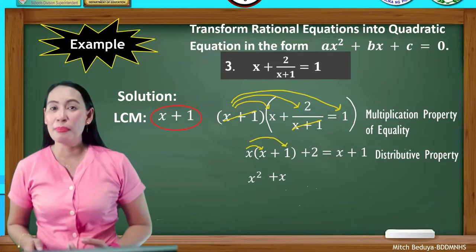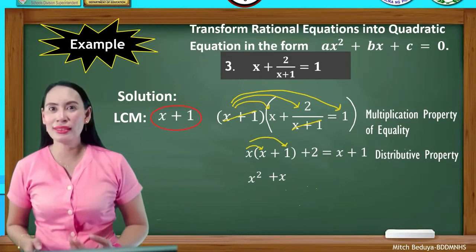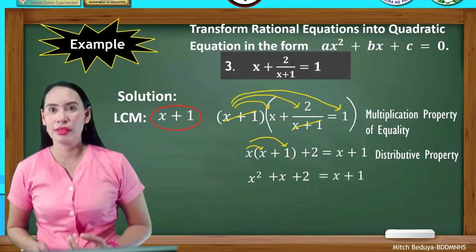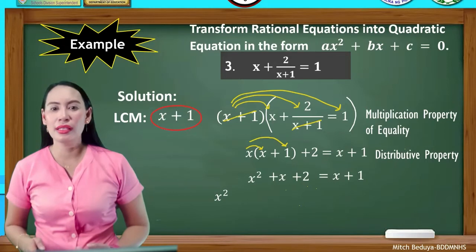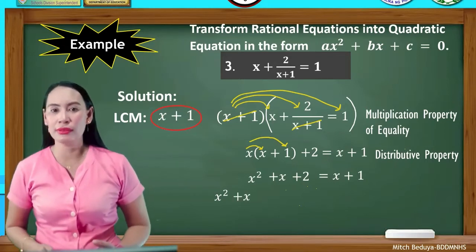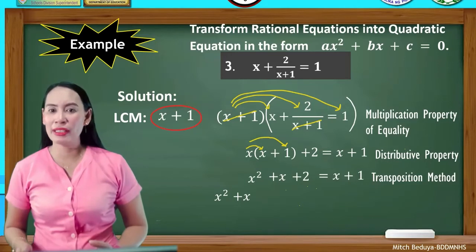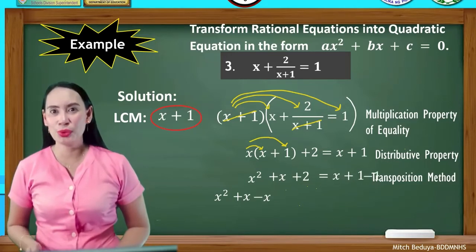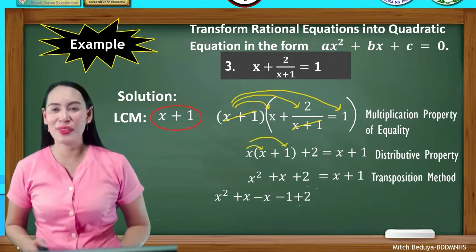Next, plus 2 equals x plus 1. So, x squared plus x. By transposition method, we have negative x, negative 1 plus 2 equals 0.